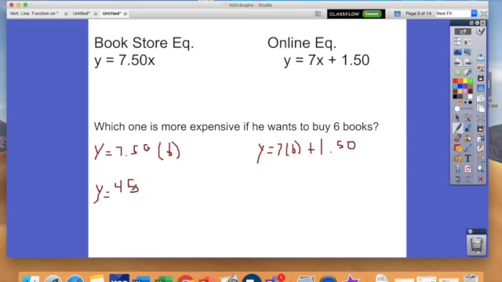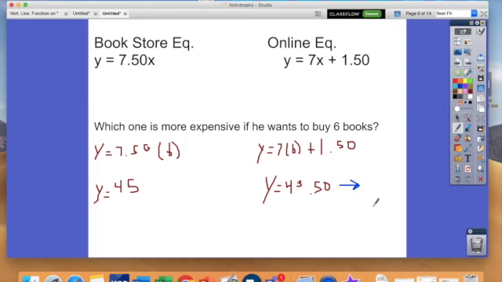The one on the right, 7 times 6 plus 1.50, would cost me $43.50. Okay, all I did, guys, was plug into my equation and solve it. So in this case, I would figure out that the online one is a better deal.